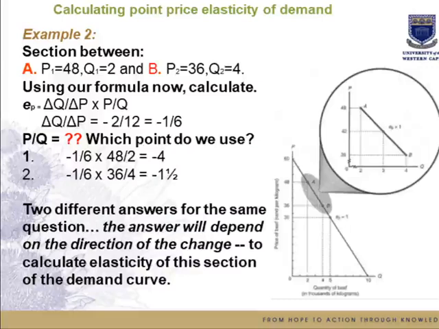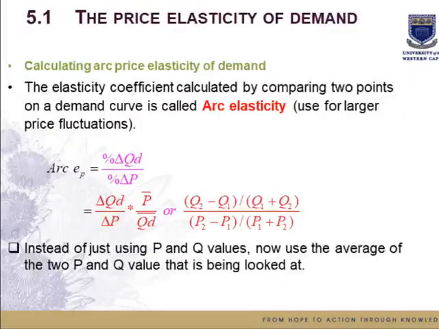But then, which one of the two is the correct point elasticity of demand? The answer depends on which point we use as the basis for calculation. However, we can eliminate this dilemma by considering the average of the 2 points, using the arc elasticity method or the midpoint elasticity method.